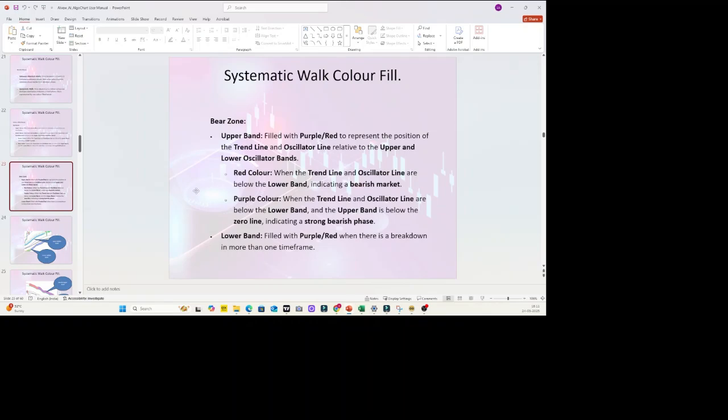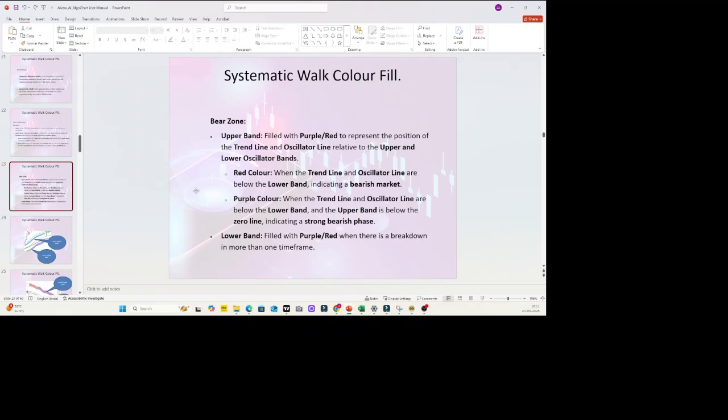Purple is when the trend line and oscillator line are below the lower band and the upper band is below the lower line, indicating a strong bearish phase. The lower band is filled with purple or red when there is a breakdown in more than one time frame. So this is just the opposite of the bullish phase.